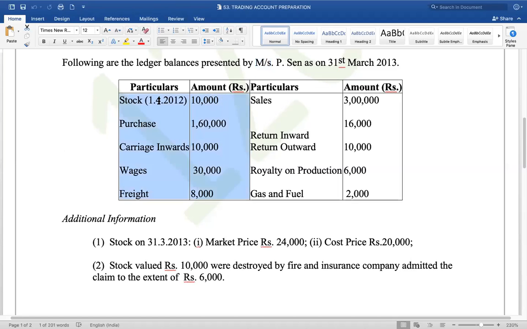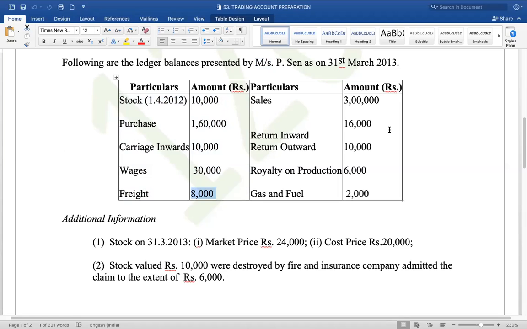Stock 10,000. Look at this. On the first day of the accounting period, 1st April 2012, opening stock 10,000. Then purchases 1,60,000. Carriage inward 10,000. Wages 30,000. Freight 8,000.